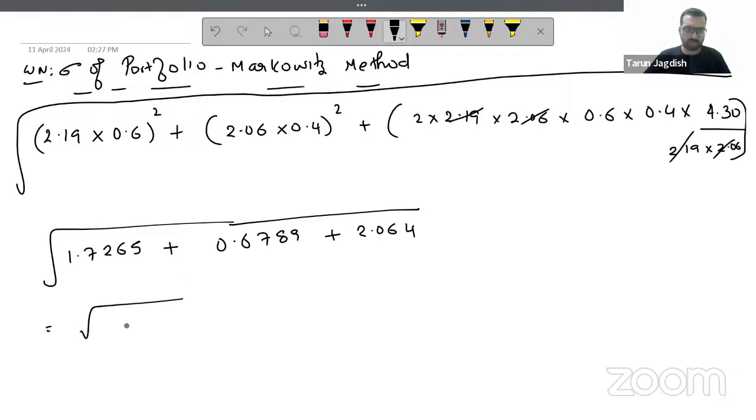Do you get the answer? Square root of 4.4694. Correct? So you will get the answer as how much? 2.11. That will be your combined risk of the portfolio. So we did it using what method now, friends? We did it using Markowitz method.